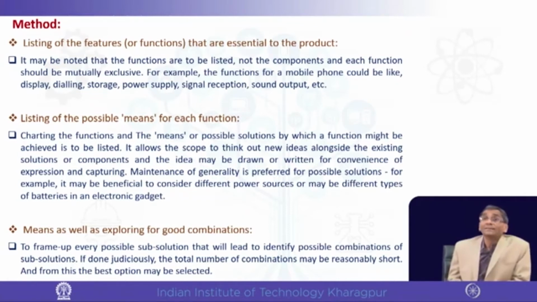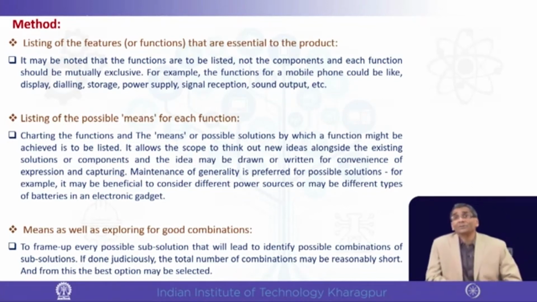Similarly, the listing of means, how it can be done, like I talked about transmission. If I talk about creating pressure, then I may talk of mechanically generated pressure, it can be hydraulic pressure, it can be pneumatic pressure, and so forth. So, alternatives are there, those are means.